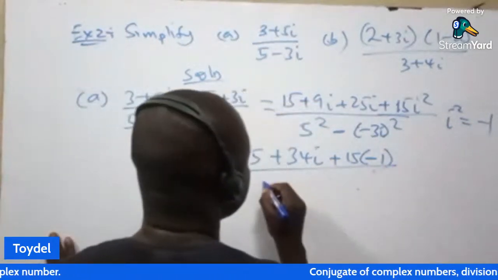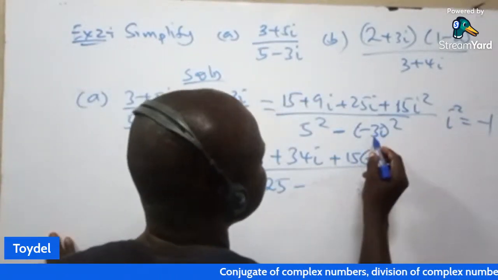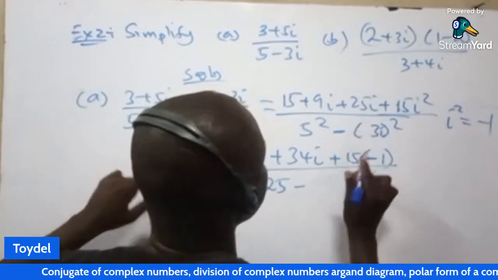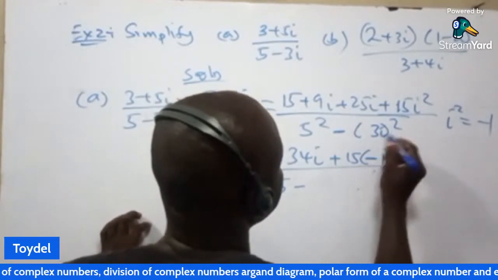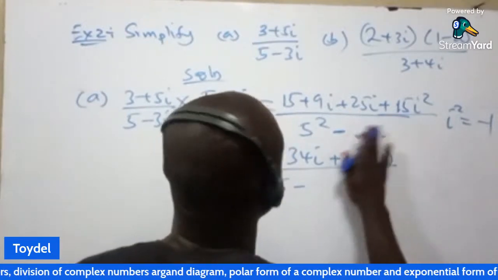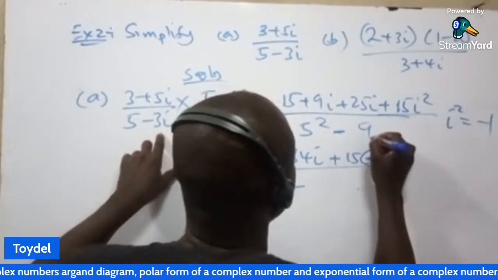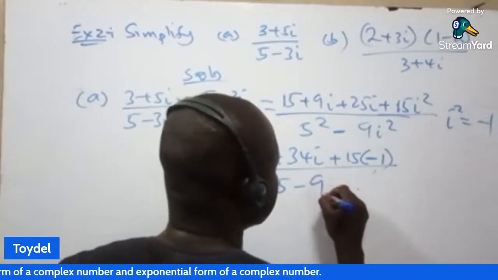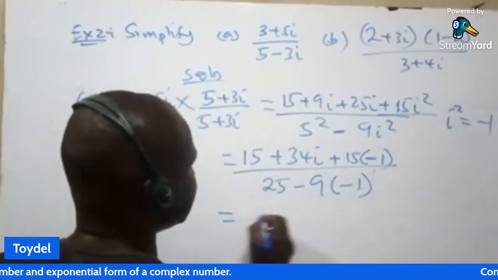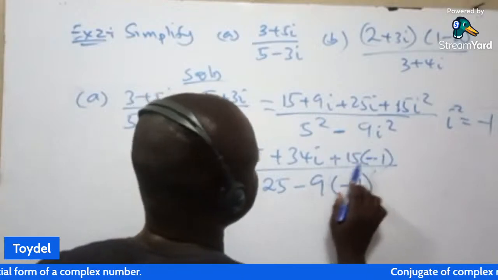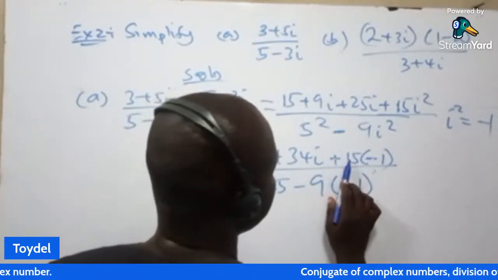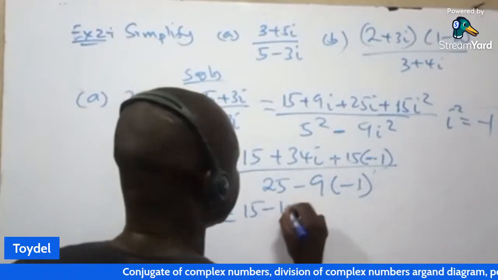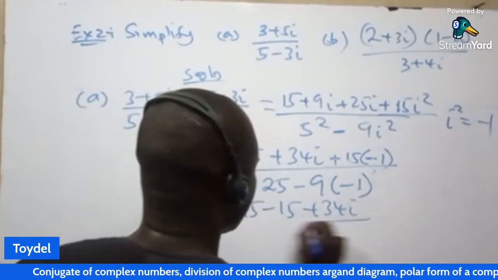All over 25 minus, no, this will be 3i, then we are going to have 9i squared. i squared is equal to minus 1, so we are going to have minus 9 into bracket minus 1. At the end of the day, we have plus times minus is minus. We have 15 minus 15 plus 34i, all over 25 plus 9.